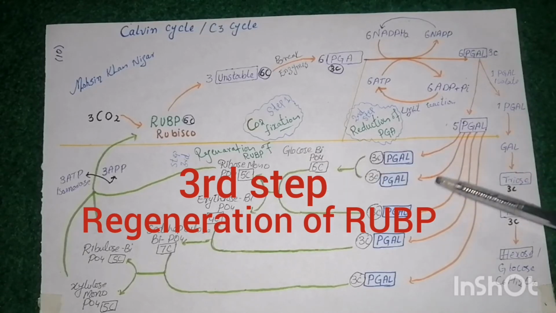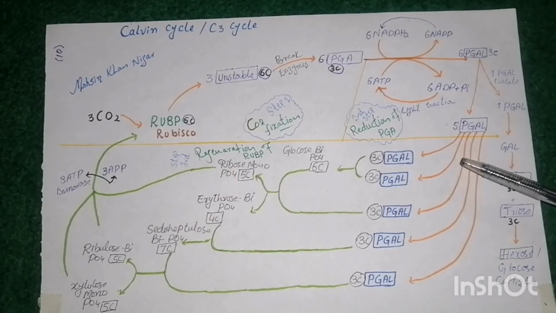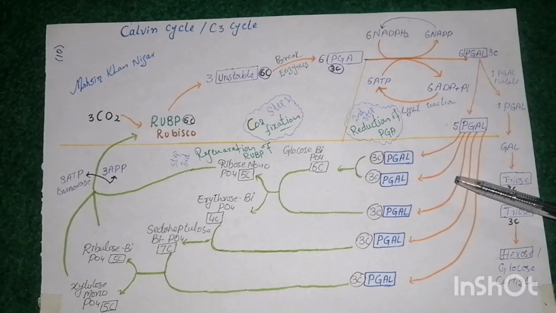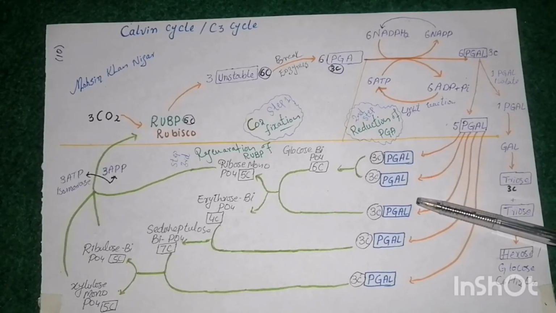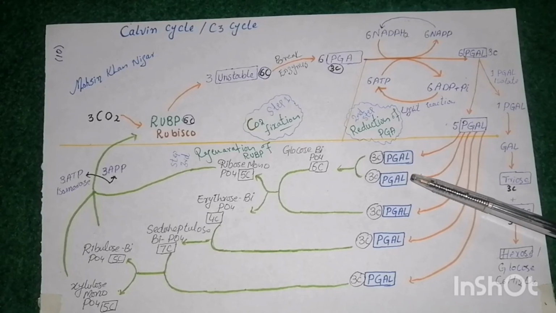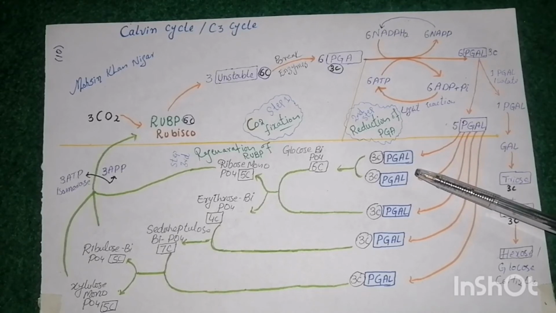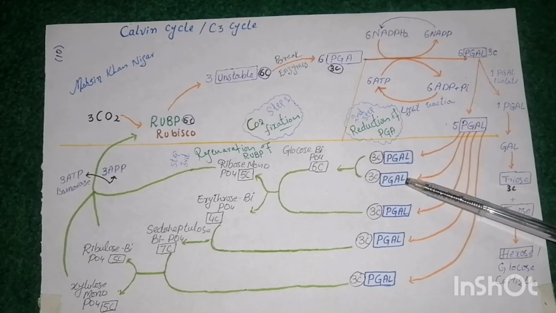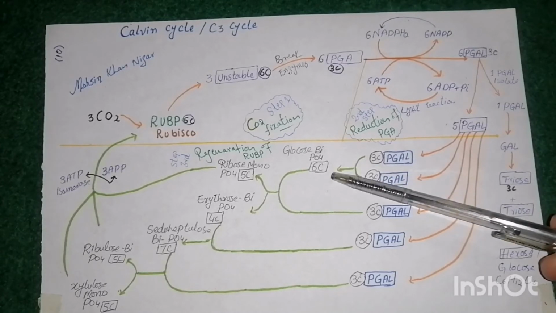The remaining 5 molecules of PGAL, a 3 carbon compound, interact with one another as follows to regenerate RUBP with the help of enzymes. First, 2 molecules of 3 carbon PGAL react together to form a 6 carbon molecule called fructose biphosphate.